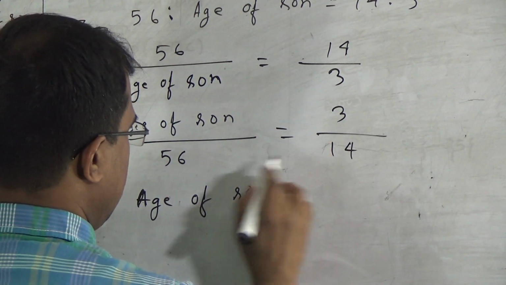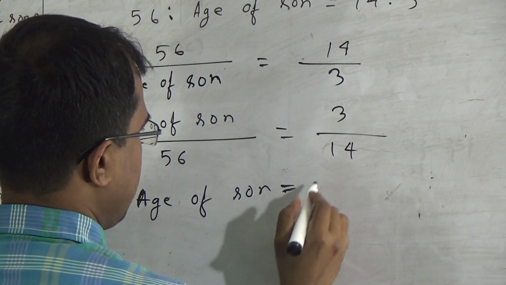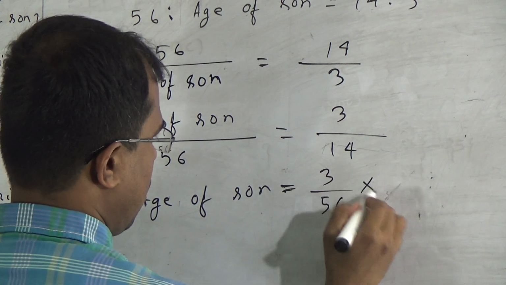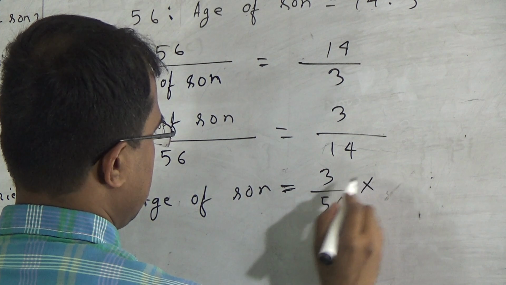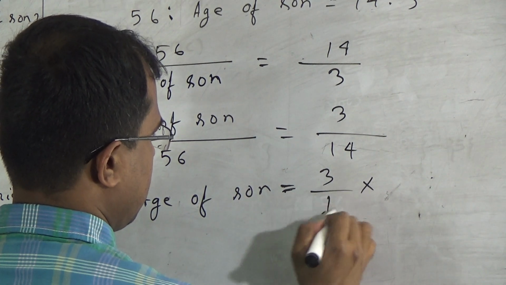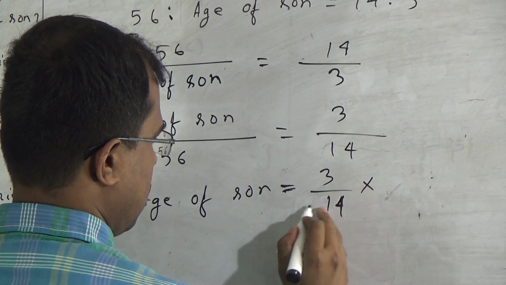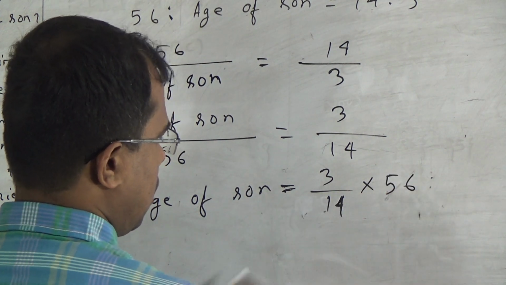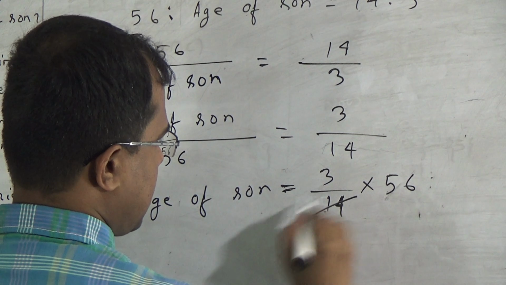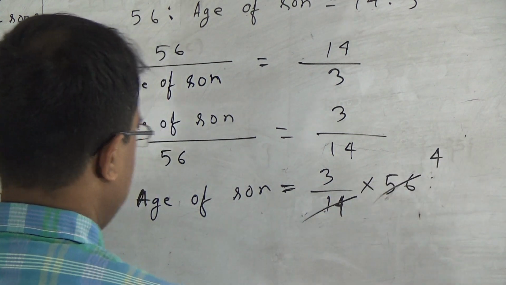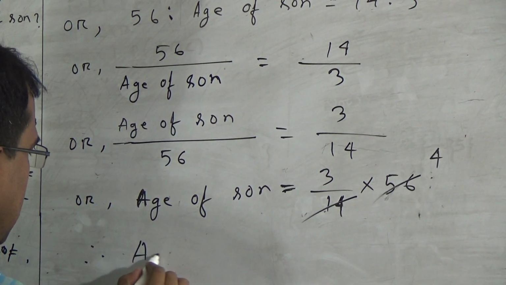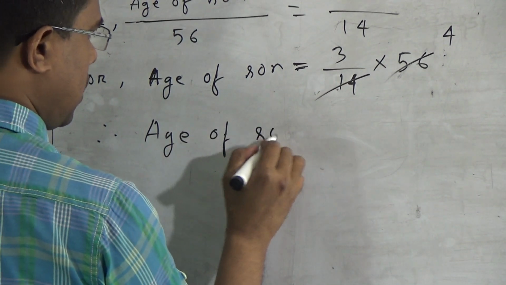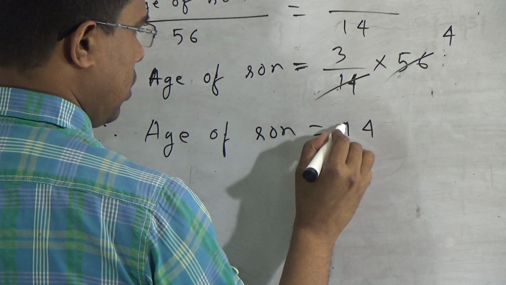now this 56 will come to the right hand side and we have to write it as the form of product, sorry, it's 14, here 56. Now 4 14s are 56, therefore age of son equal to 14.